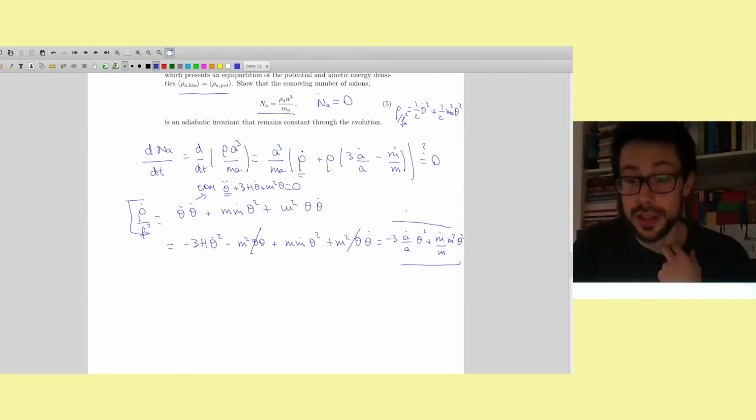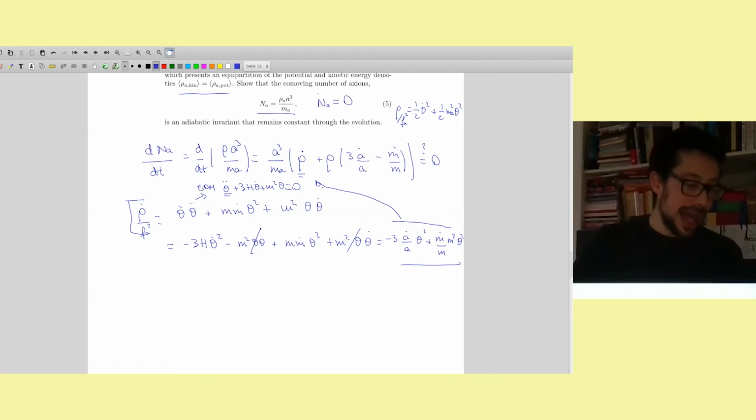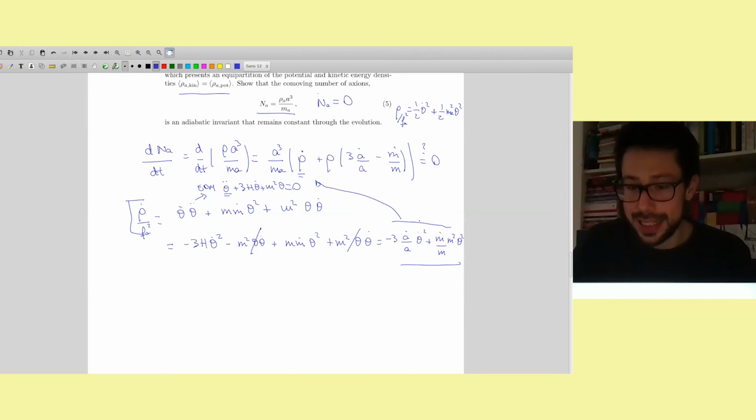Okay, so now the only thing that we need to do is to substitute this time derivative in here. And if we do so, of course we can easily recognize that this theta dot squared is related to the kinetic energy, and this m squared theta squared will be 2 times the potential, and this will be 2 times the kinetic.